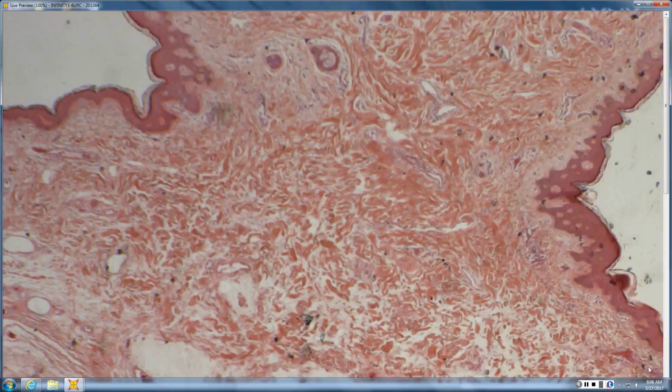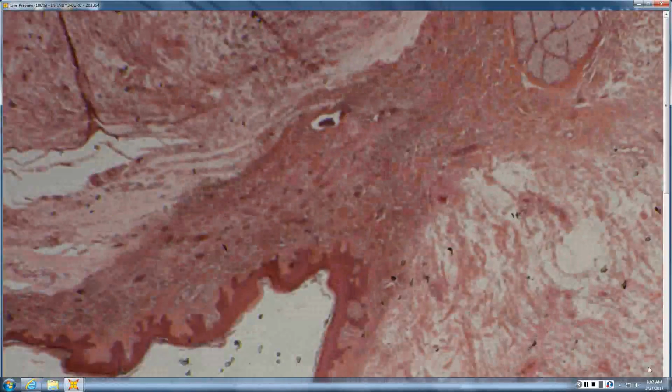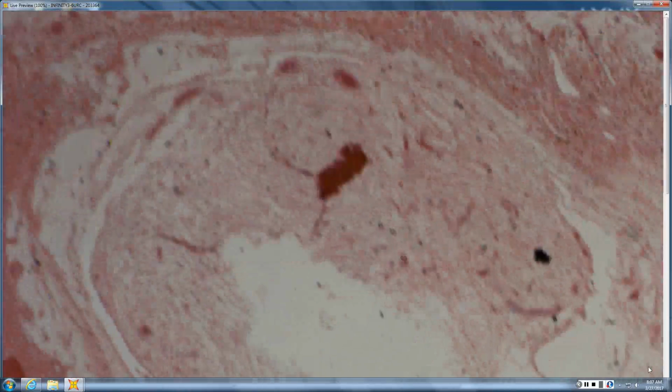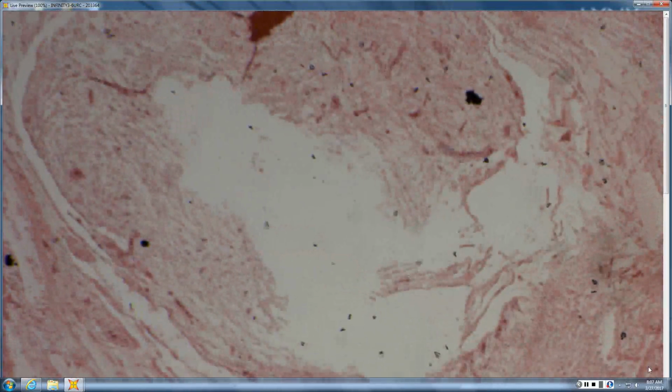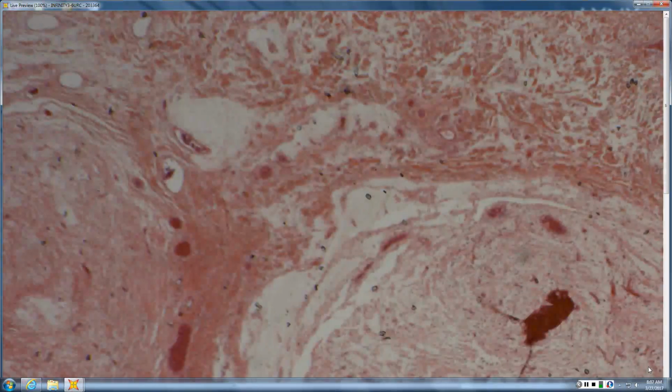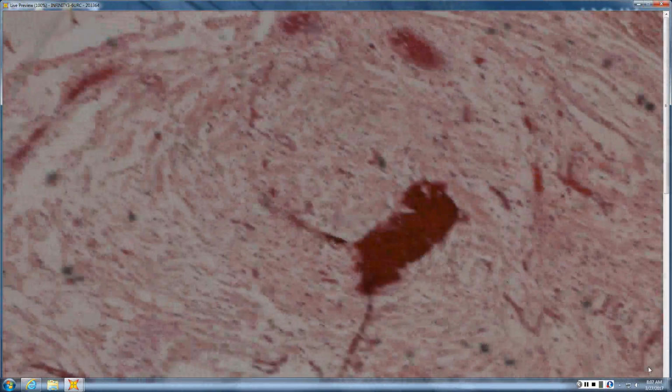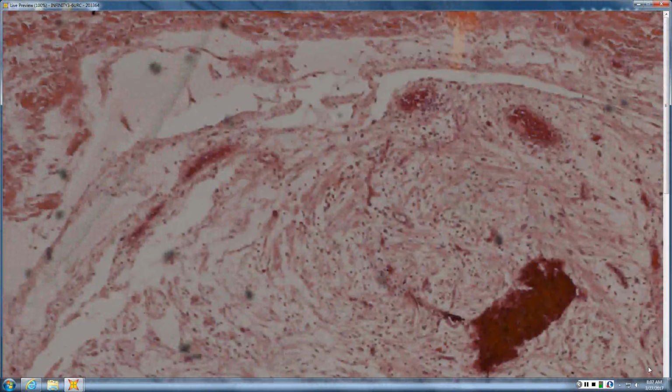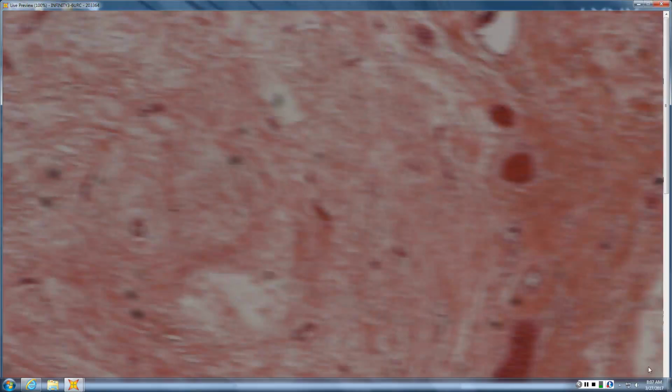Okay. Let's see. This looks very myxoid, and I see stellate nuclei and blood vessels.